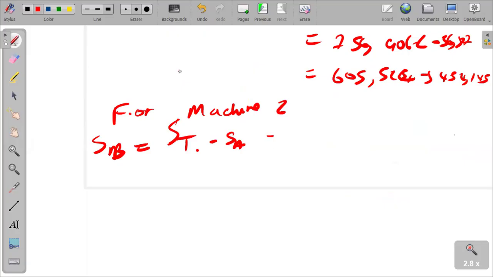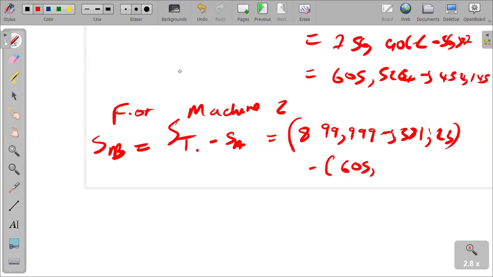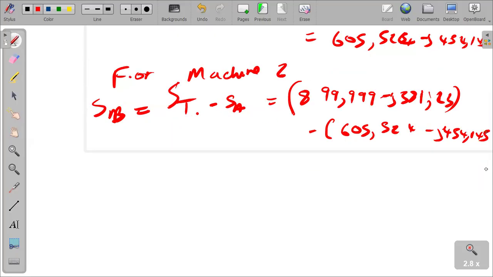So we are simply taking ST, 899.999 minus j381.23, minus 605.524 minus j454.145.